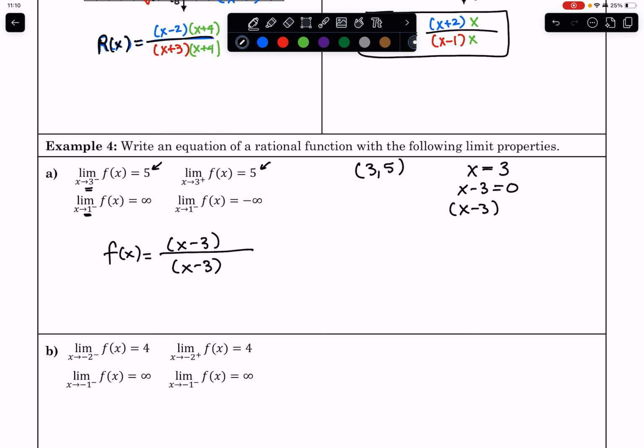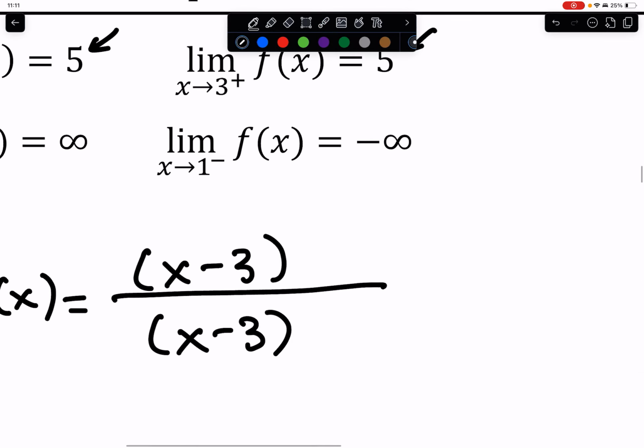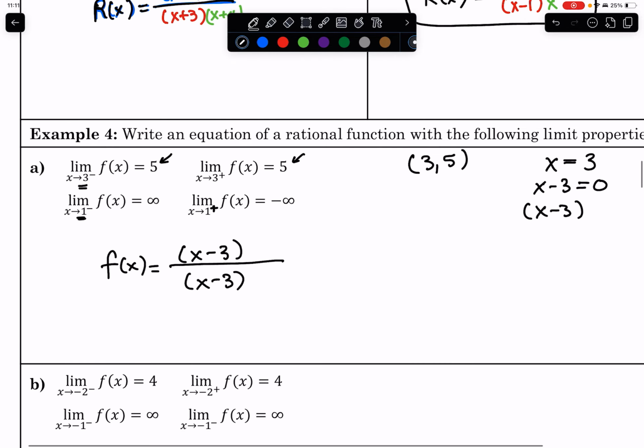Now, in order to have a vertical asymptote, our limit as x approaches an integer from the left and from the right, fix this, this is an error, there should be a plus sign right here, goes to infinity.